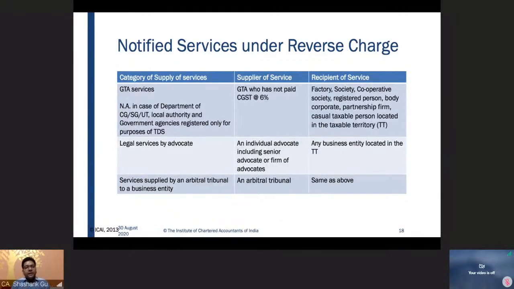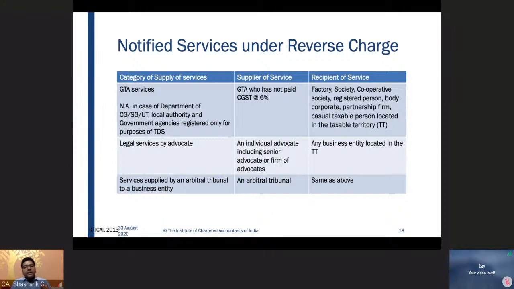Like there is a TDS under income tax, similarly there is a TDS under GST, and that we will discuss in detail later. But here what you need to understand is that in case of GTA or Goods Transportation Agency service, GST is to be paid under reverse charge if the supplier has not charged tax at the rate of 12% effective and the recipient is either of those specified recipients. Now what constitutes a GTA?